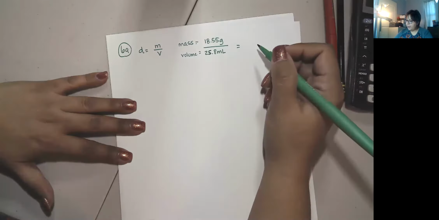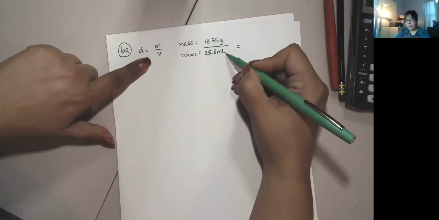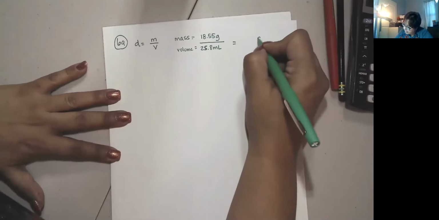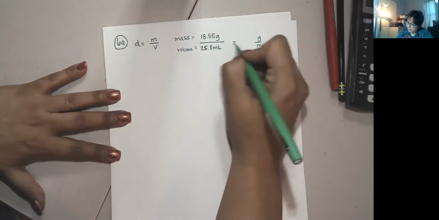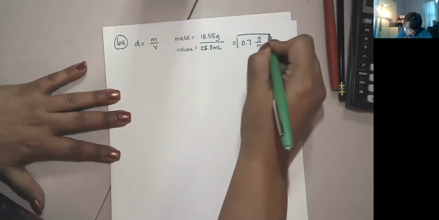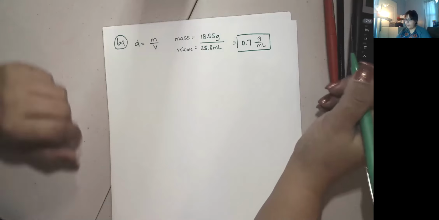When I do this on my calculator, the units that I'm going to get are grams per mL, because that is what is in my formula. So I've got g over mL, and the number that I get is approximately 0.7. So the answer is 0.7 grams per mL.